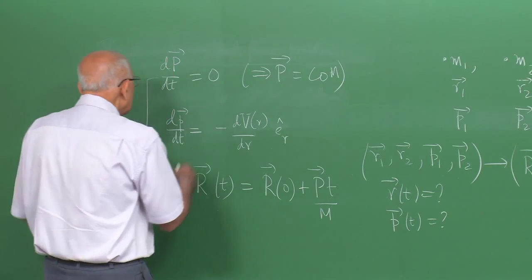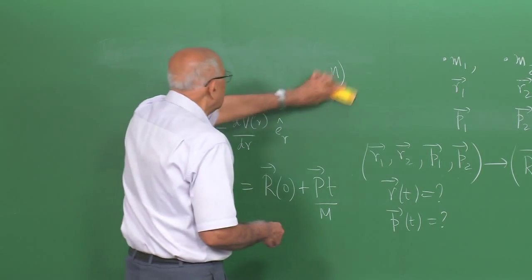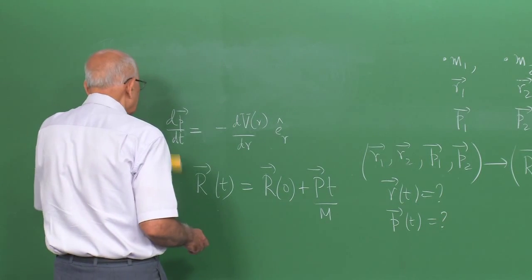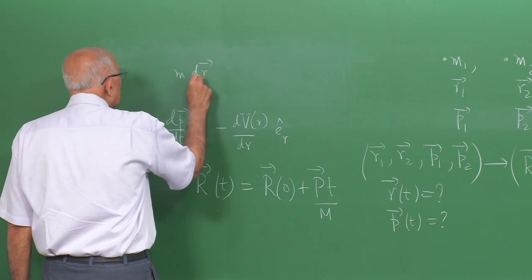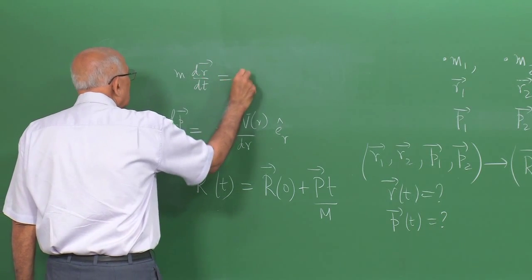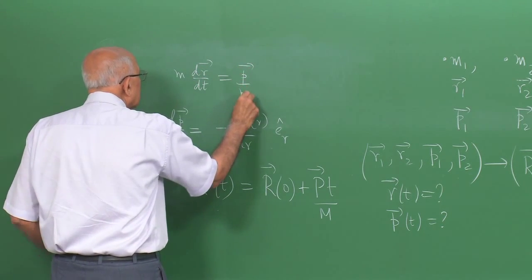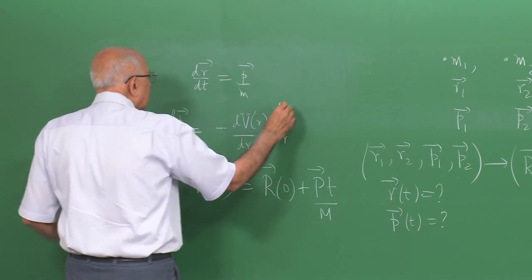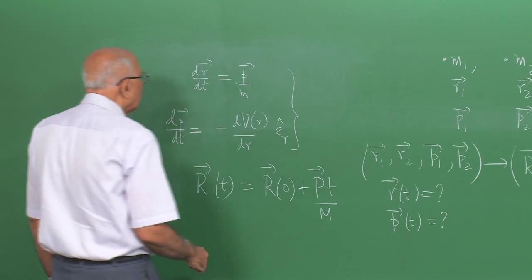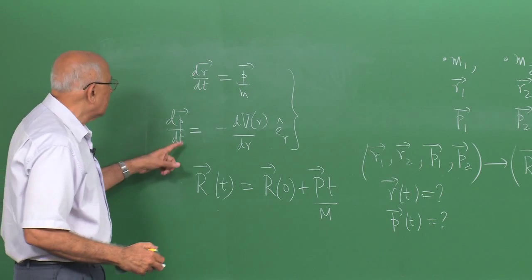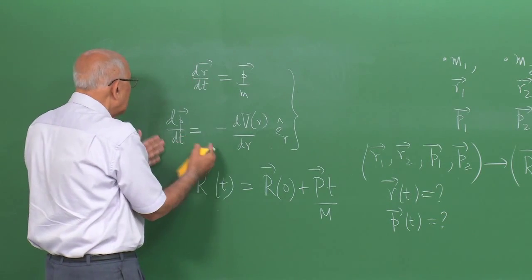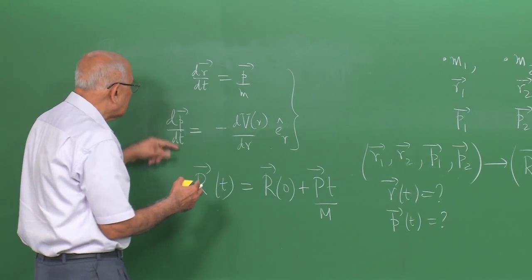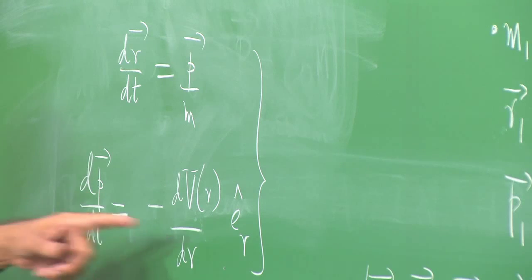By the way, this equation here should be accompanied by another equation which is fairly straightforward, which is m dr over dt equal to p, or rather I should write this as p over m. So you see you have really a pair of equations for the unknowns r and p, and they are coupled to each other, and when I eliminate p, then I end up with an equation for the second derivative of r, which is the acceleration.